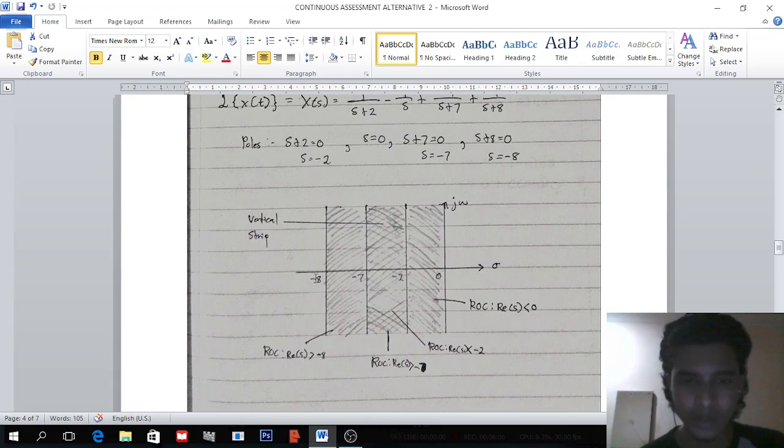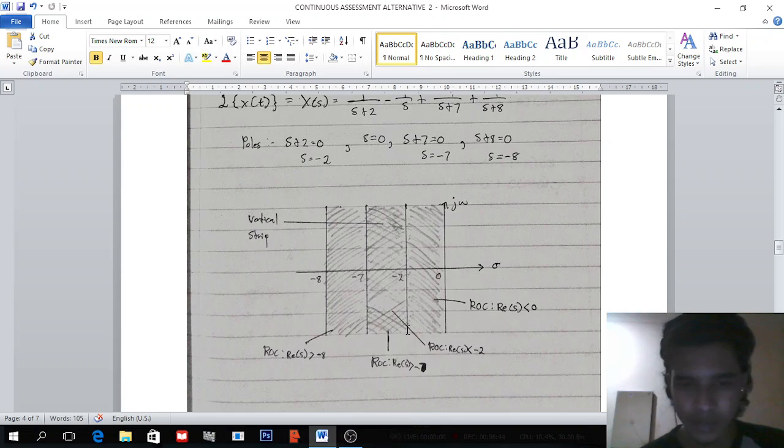The graph would be a vertical strip. It is called a vertical strip because the line is opposite to the other line. Near 0, the ROC real part is 0, and for the middle part the ROC real part is negative 2. The ROC real part will be negative 7 here.